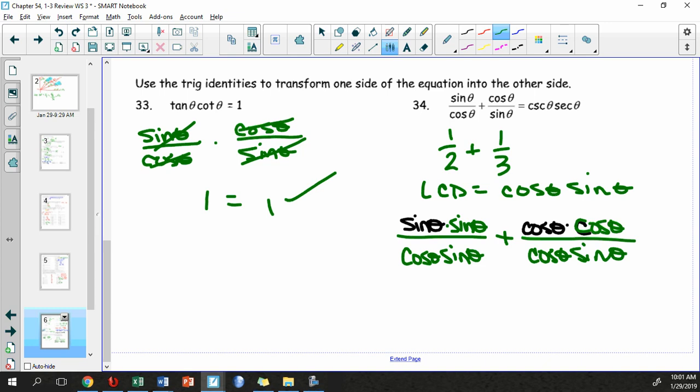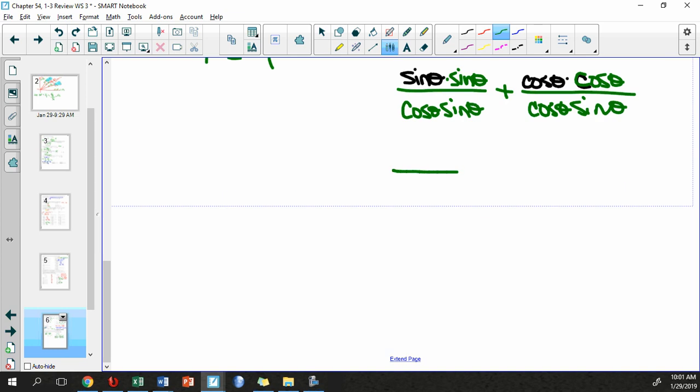Okay, now write this as one fraction. So I have sine squared theta plus cosine squared theta. Yes?